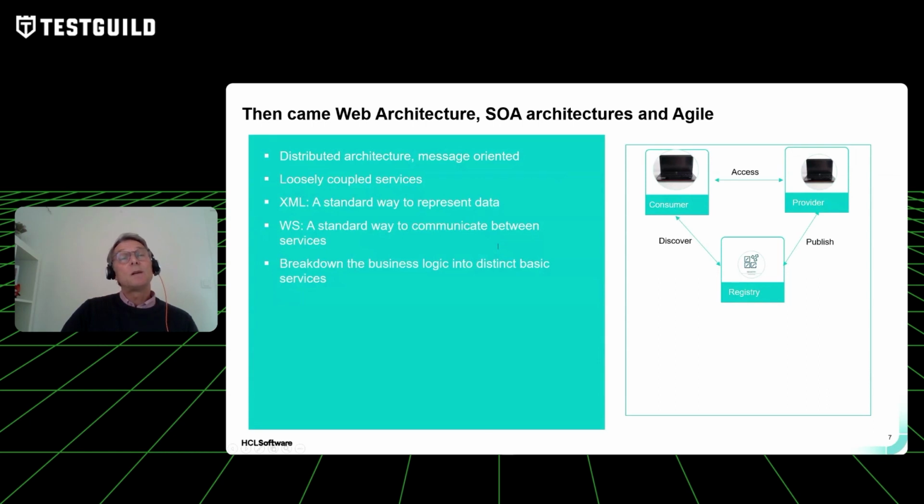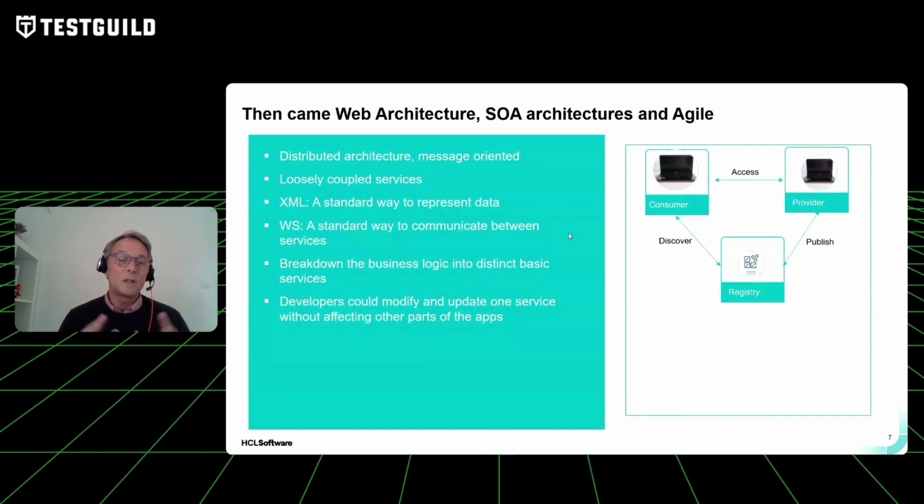The business logic of applications is broken down into different services in the applications, and the fact that they were loosely coupled allows the developers to modify a piece of the applications without destabilizing the overall application. So it was a good step forward.